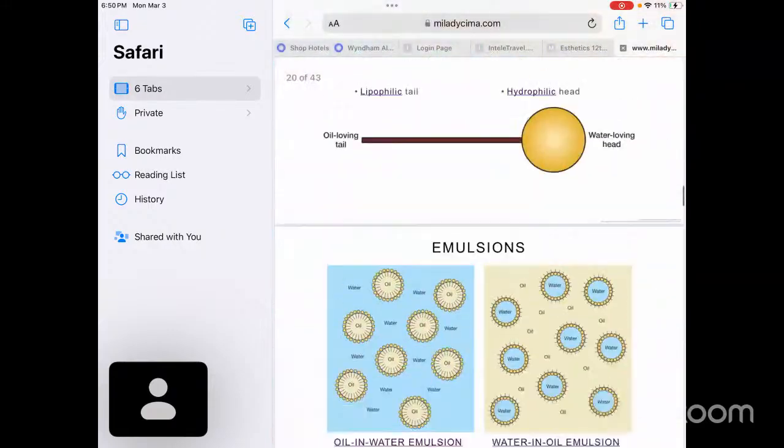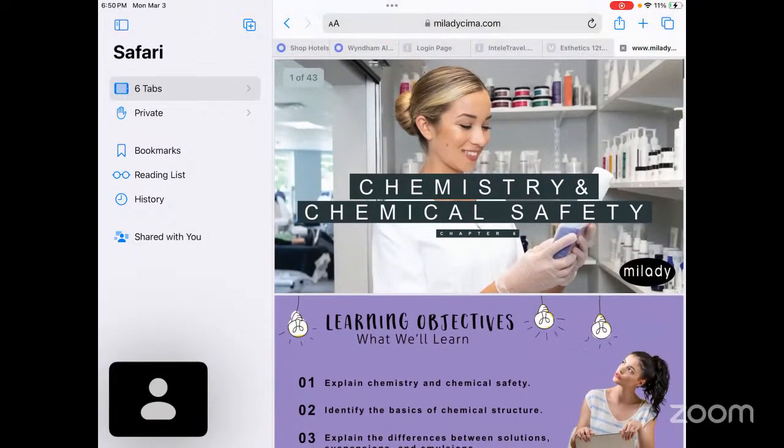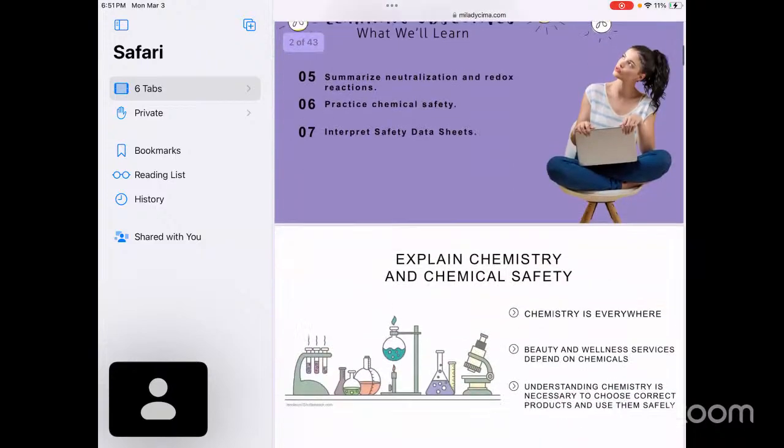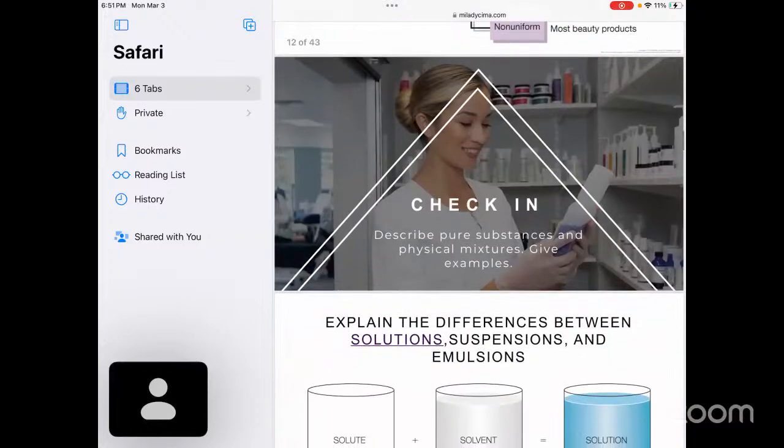Does everybody know where to look for the check-in questions? At the bottom of chapter 6, you will see the slides. You always see the slide review. Inside of the slide review, you'll find your questions. See that one?